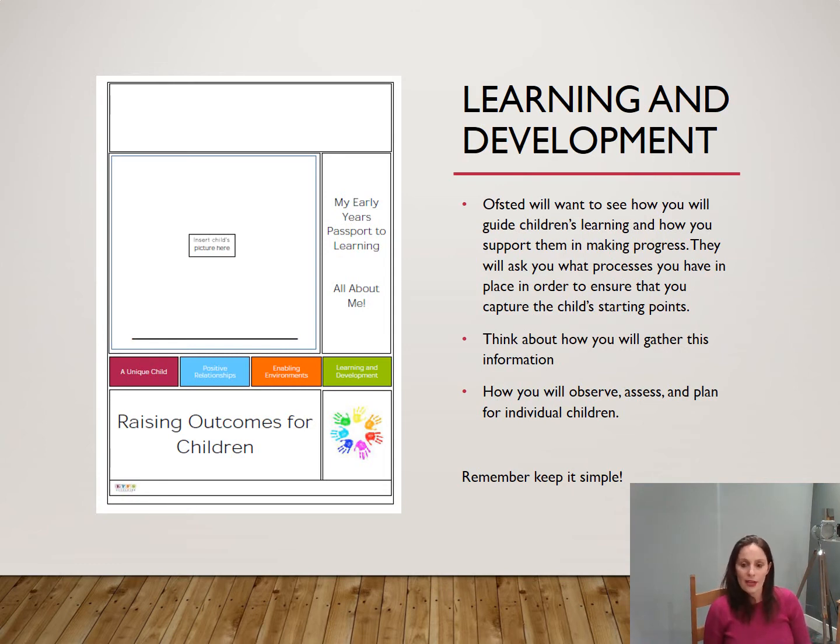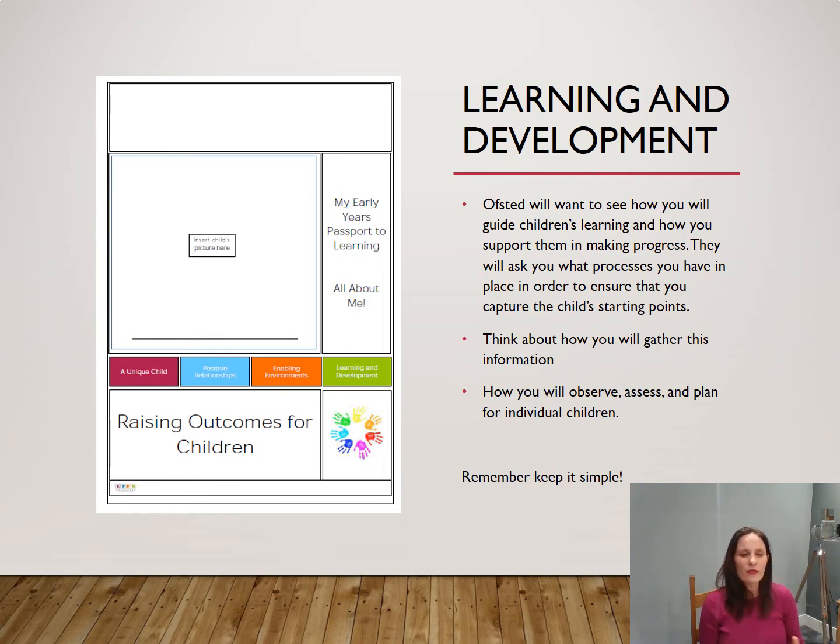Think about how you will gather this. You might have an early years passport to learning, which is the image that we've got on the screen. In that you capture things like date of birth, medical information, what the child can do, what the child's interests are, what they like to eat, everything. So the day they start your setting, you can begin doing an early assessment review on that child.